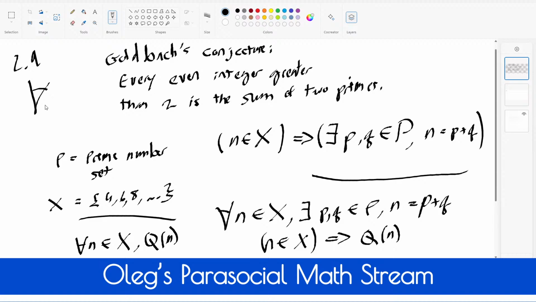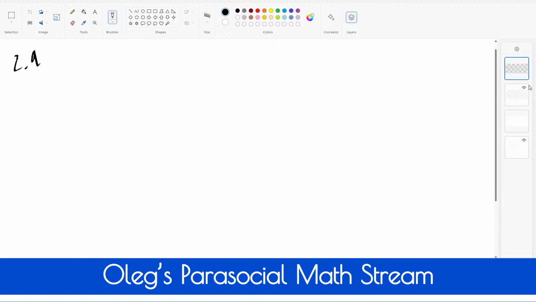Okay, and suppose, let's go to the next page here. Suppose X is a set and Q of X is a statement about X. For each x containing the set, in other words, for each member, this is a membership.